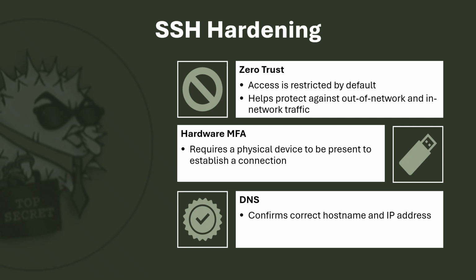The third recommendation is to utilize DNS services. SSH servers should be configured to perform DNS checks, ensuring that the connection accurately corresponds to the correct hostname and IP address combination.